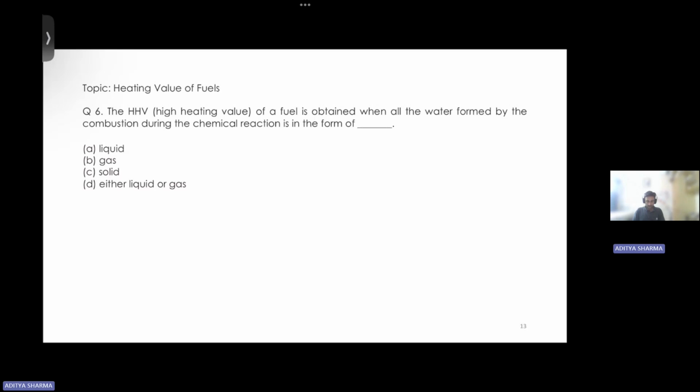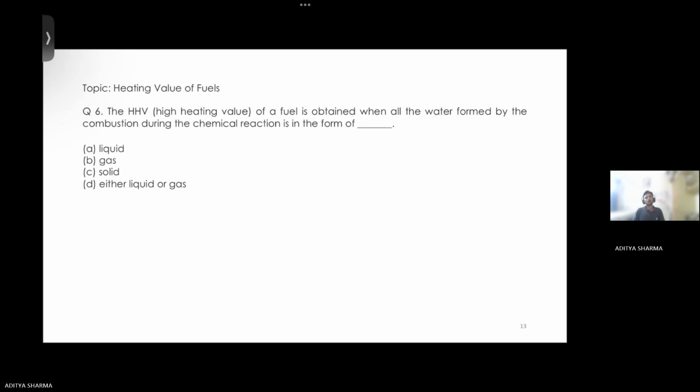It says that the high heating value of a fuel is obtained when all the water formed by the combustion during the chemical reaction is in the form of dash. Options are liquid, gas, solid, either liquid or gas.